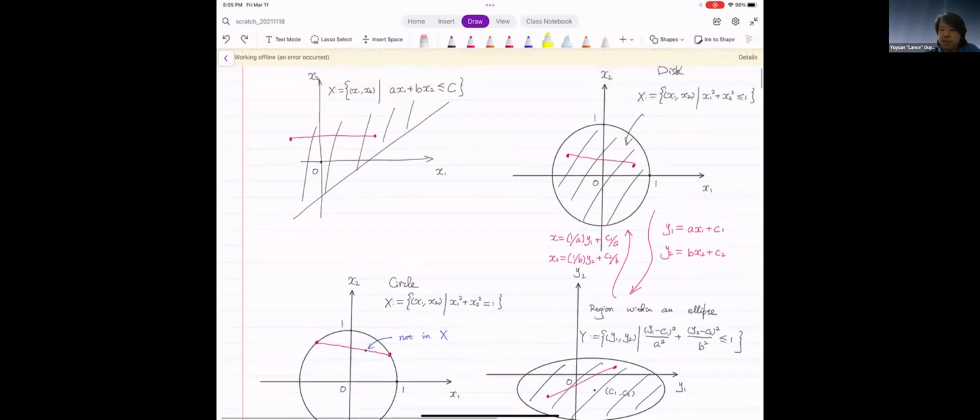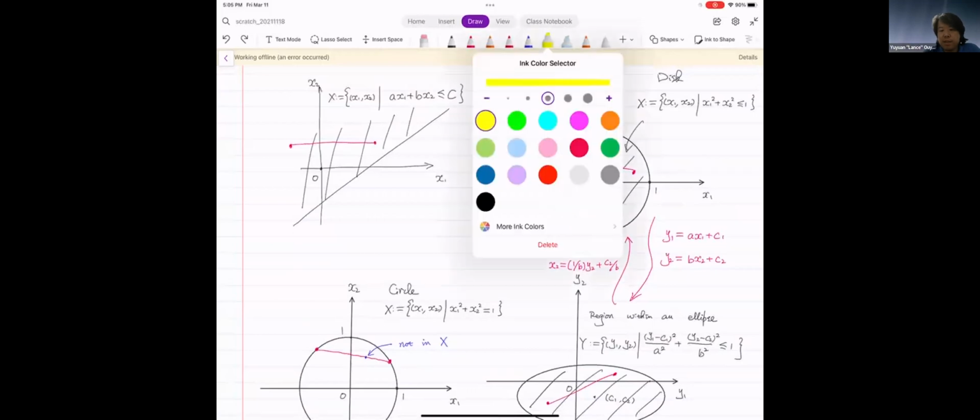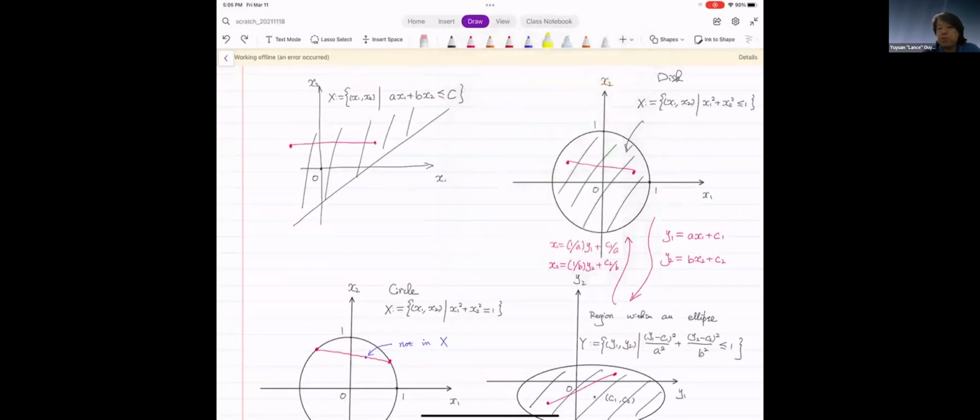The reason is because if we look at the exact description of the disk, the exact description of the disk is over here, x1 squared plus x2 squared less than or equal to 1. And looking at the ellipse, it's like this. So what happens is that I intentionally use y1 and y2 and x1 and x2 for the ellipse and the disk over here. The thing is that I can easily do a linear transformation.